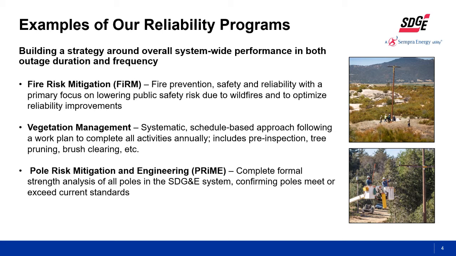Since inception, this FIRM project has replaced about 450 wood poles with steel poles, and that puts our program at a completion point of about 30% toward the ultimate goal of a replacement of 1,500 poles. That's the FIRM project.